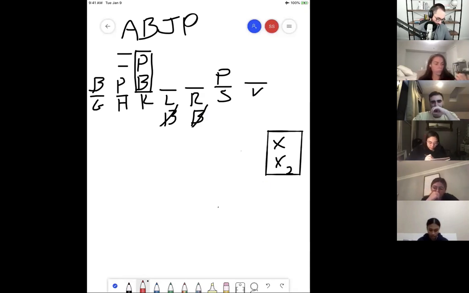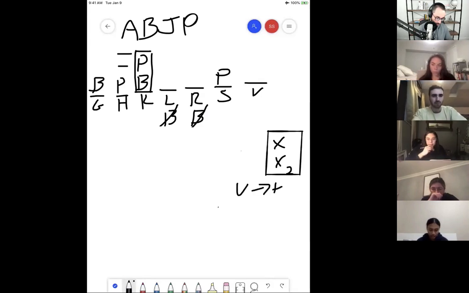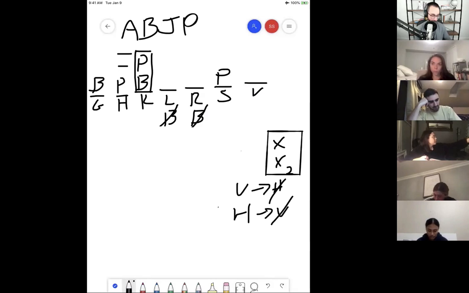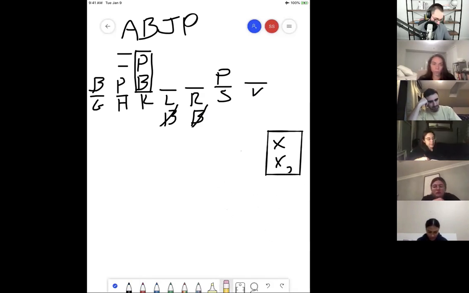Then we have if V has a student, then H does not have a student. So we could say V requires not H, contrapositive H requires not V. I'm doing the contrapositive there. To represent that concisely, I might do the double not arrow, which I don't usually love, but in this case it could be worthwhile.